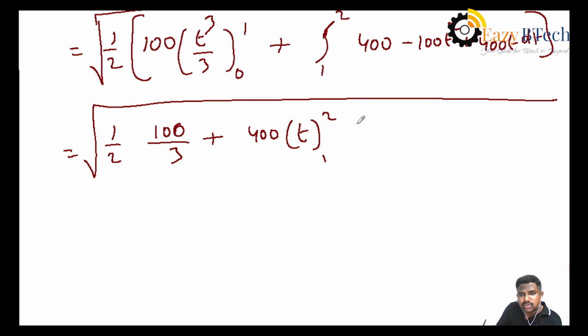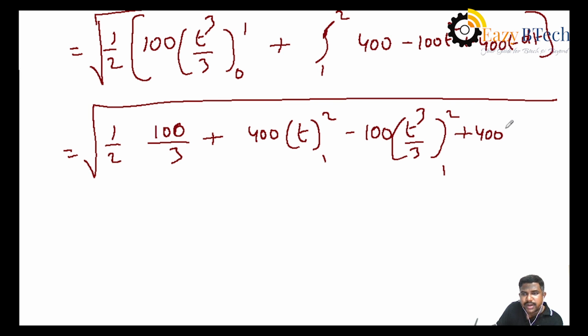Then apply the limits 1 to 2, minus 100 for t square, the integration is t cube by 3. The limits are 1 to 2, plus 400 for t, the integration is t square by 2. The limits are 1 to 2. Okay, this is for the whole function.